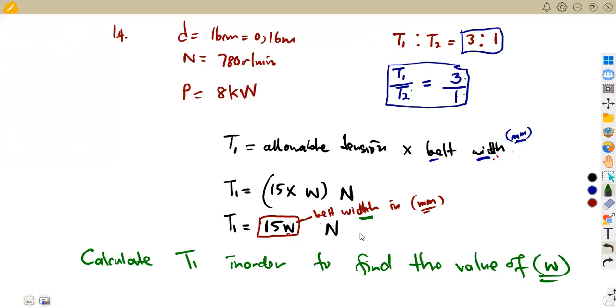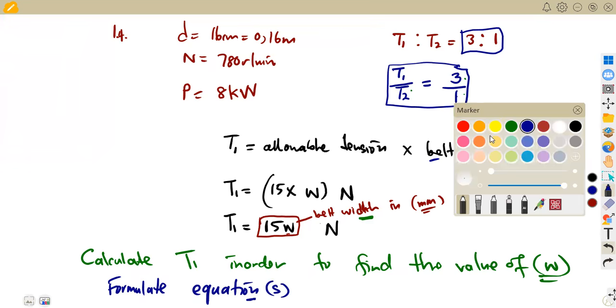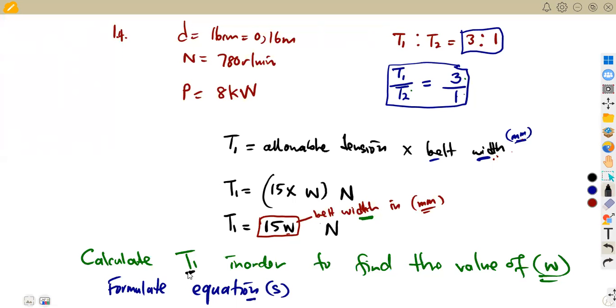So to calculate T1, we formulate an equation or equations. It's either going to be a direct equation or a set of equations, depending on the question and the information. Let us formulate our equations to calculate T1.